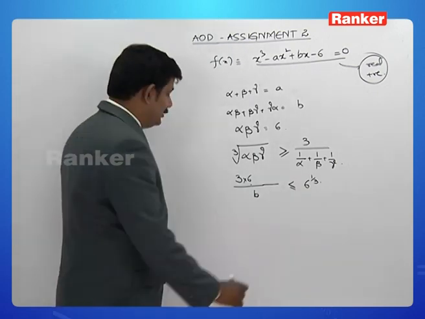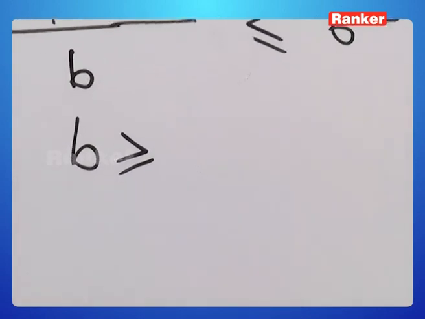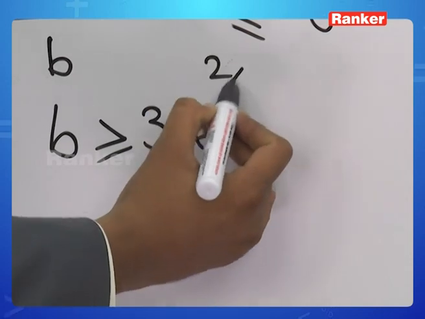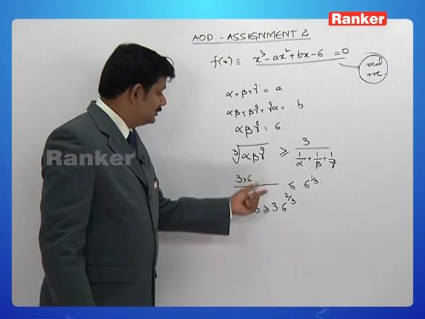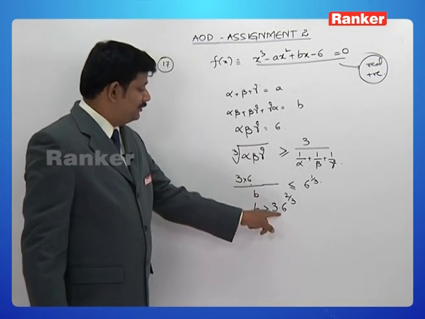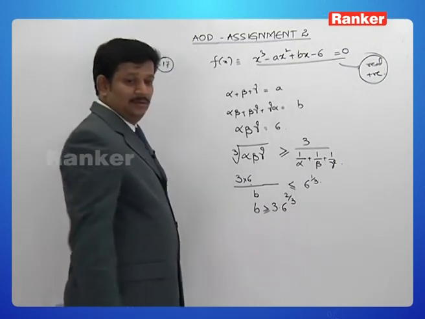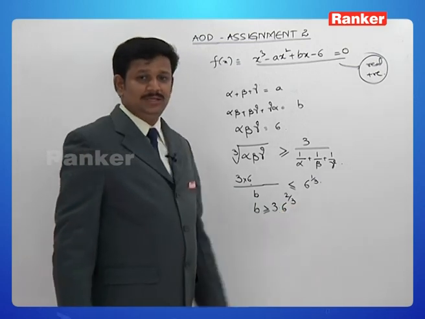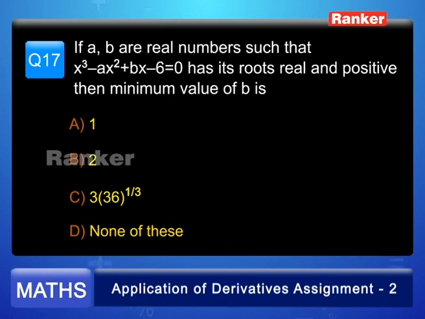So we can see b is always greater than or equal to 3 into 6 power 2 by 3. Once 6 power 1 by 3 gets cancelled, we will be left with 6 power 2 by 3 here. b is greater than or equal to 3 into 6 power 2 by 3, or the minimum value of b is 3 into 6 power 2 by 3, or 6 square is 36, 3 into 36 power 1 by 3. So the correct answer is option C.